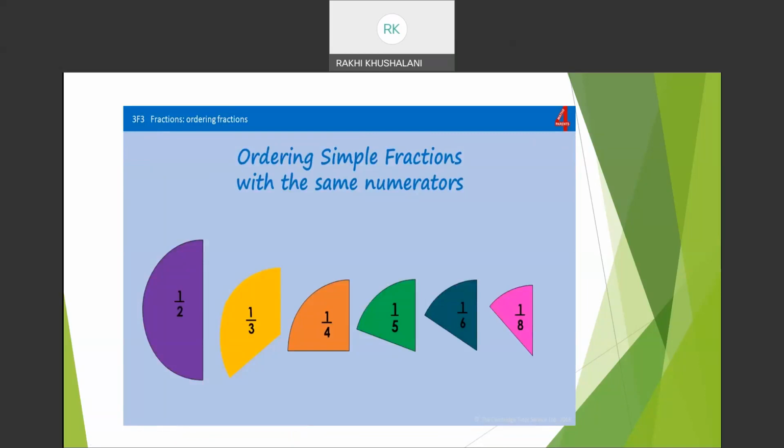The smaller the denominator, the bigger the fraction. Half chapati is more than 1 by 4 chapati, that is the quarter. 1 by 6 of chapati is much smaller than 1 by 4th quarter chapati. So definitely when the denominators are bigger, the fractions go on becoming smaller.